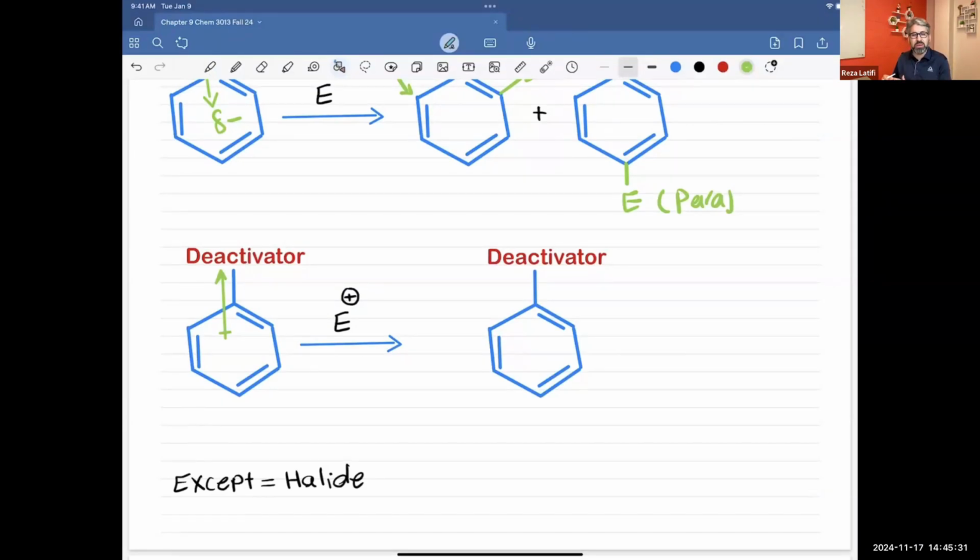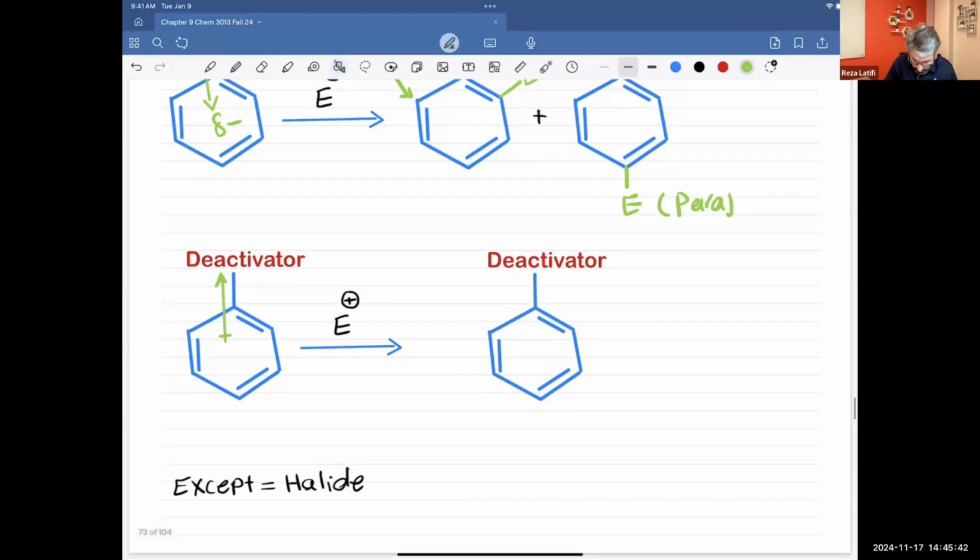What does it mean? It means the meta position stays untouched, not 100%, but there is more electron density on the meta position. So the addition of the electrophile will happen through the meta position, and we will have E attached at the meta position.